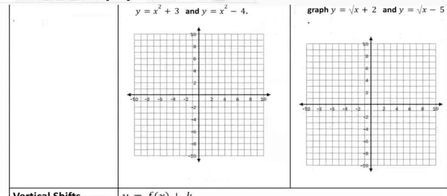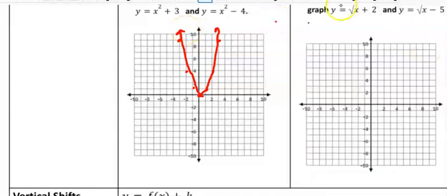So if I wanted to graph it, 1 squared's 1, 2 squared's 4, 3 squared's 9, correct? And vice versa. And I draw my graph. Okay?